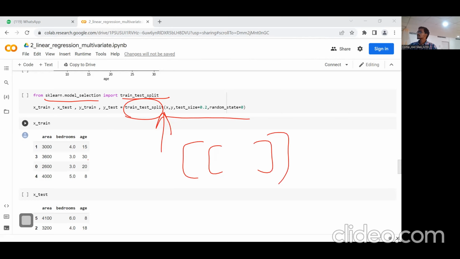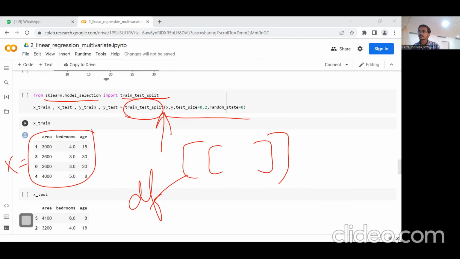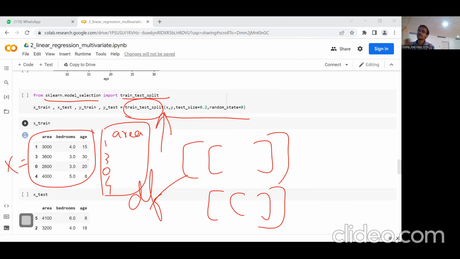That means you can say that it is a data frame in itself. And we know that, yes, this, which is the features X, is a data frame. So it is always in 2D. That is why even if we have a single feature, you need to pass it as a 2D structure. So whenever you have a single feature, it should be like you have only area and here you have indices, suppose. So this should be a data frame which has a single feature.